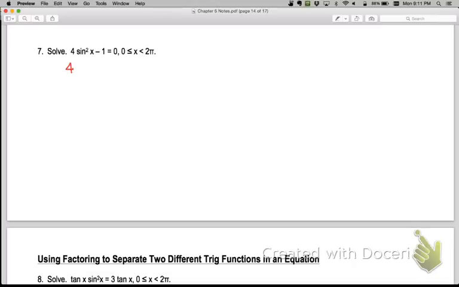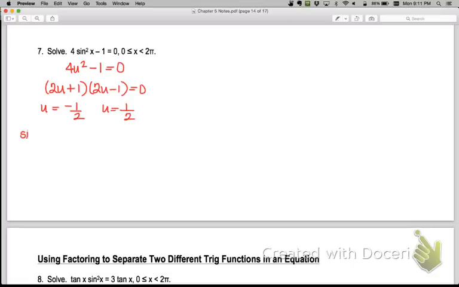If we take out the signs, maybe you can see it. This is 4u squared minus 1 equals 0. This would be 2u plus 1, and 2u minus 1 equals 0. So I'm going to have u equals negative 1/2 and u equals positive 1/2.